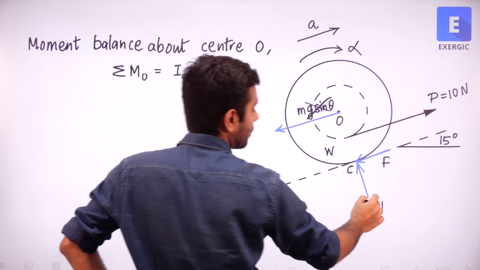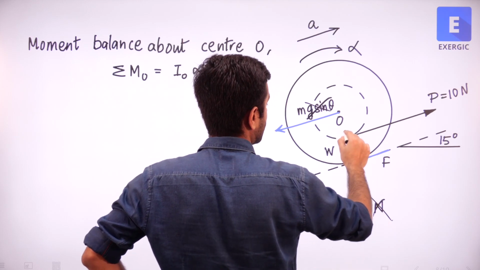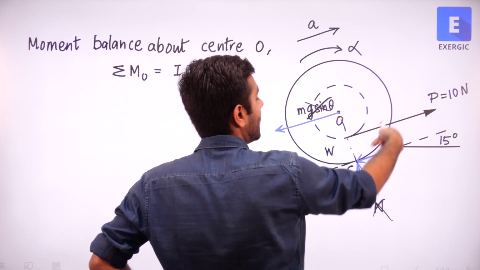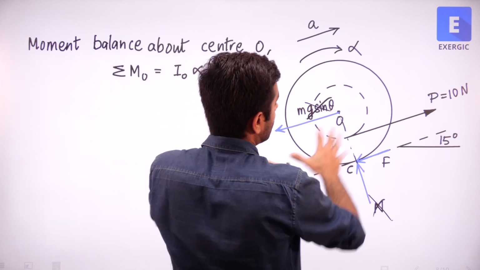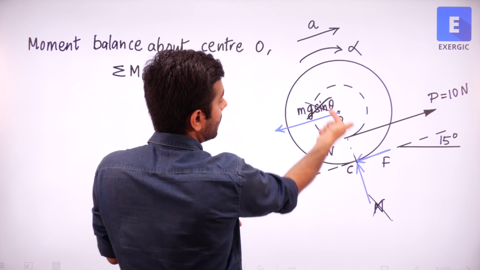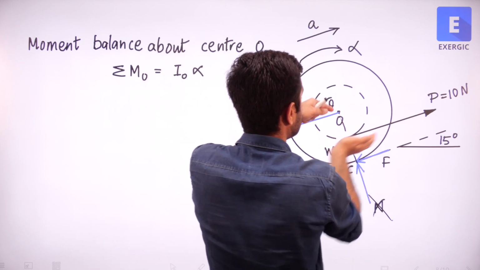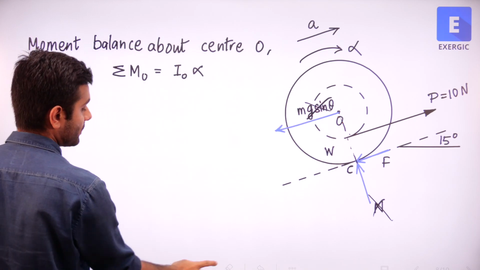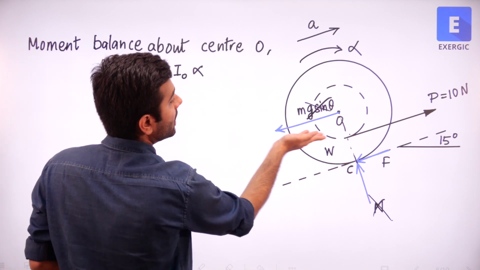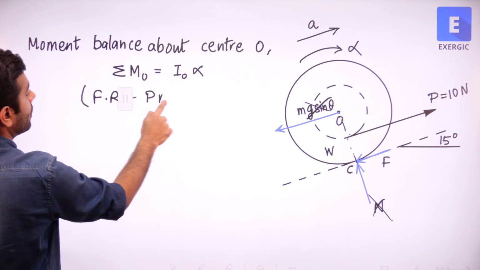Not this one either, because it also passes through the center. Only P and F are coming, right? About O, clockwise is F multiplied by R. This is counterclockwise, P multiplied by small r. So net clockwise moment about O is F multiplied by R minus P multiplied by small r.